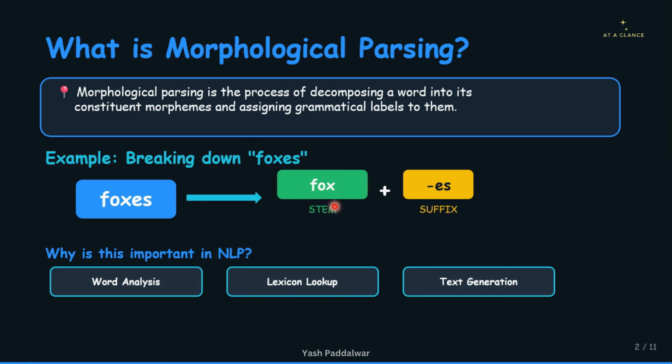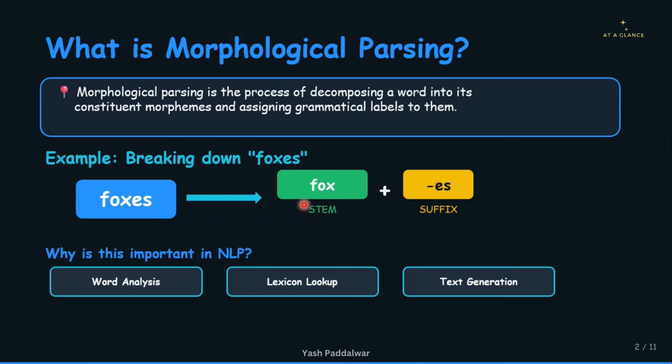What type of morpheme is fox and what type of morpheme is es? Now you can clearly see that fox is a stem word. It's the basic form of this particular word, and es is a suffix, which is nothing but any term that comes after the word to support it, to make it a new form. Like here it is used to make it plural.